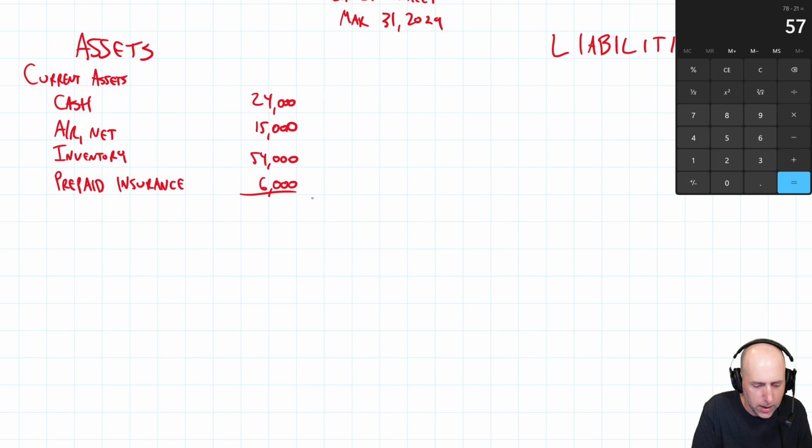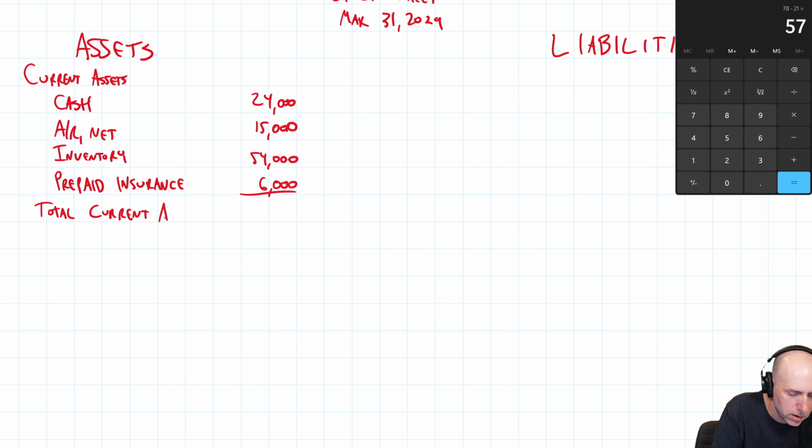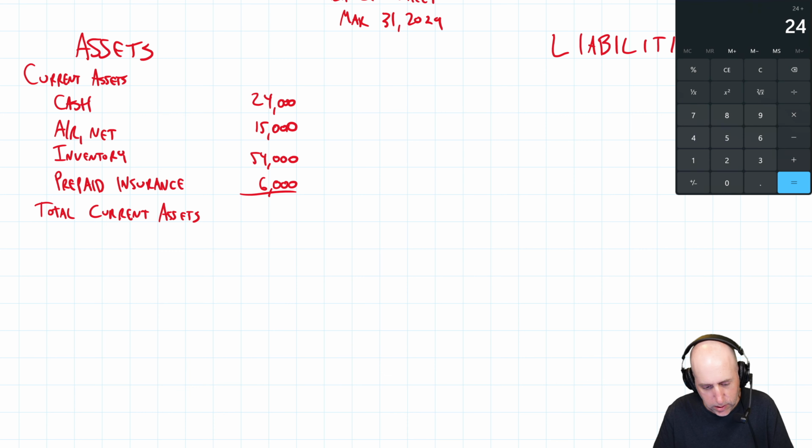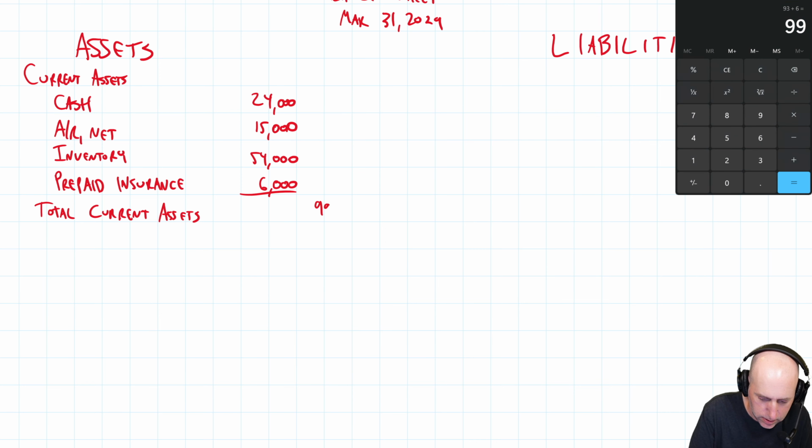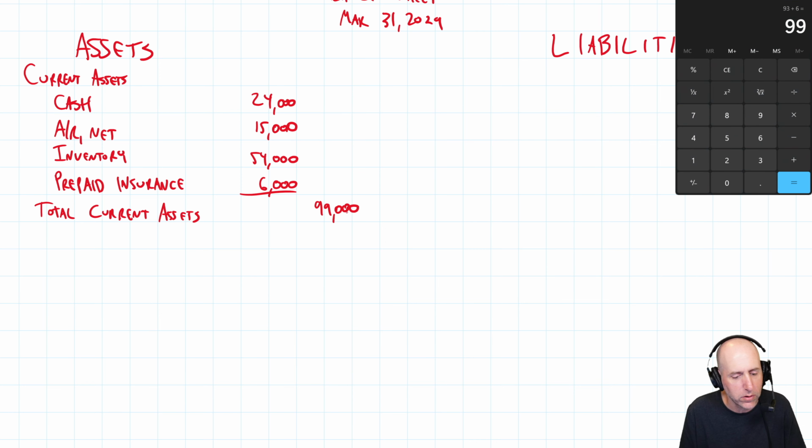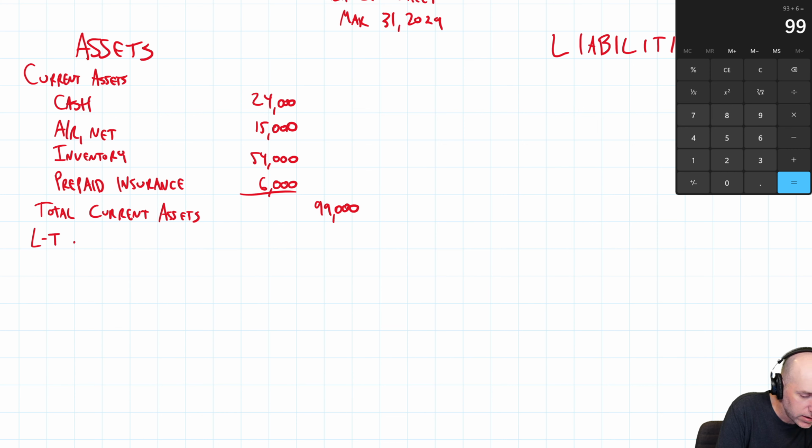So let's add these up, because that's all of our current assets. $24 plus 15 plus 54 plus 6, $99. $99,000 in current assets. What about our long-term assets, sometimes categorized as PPE?